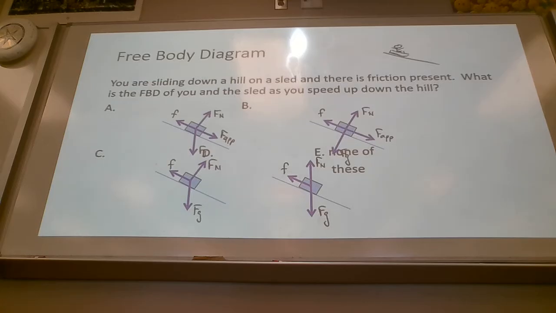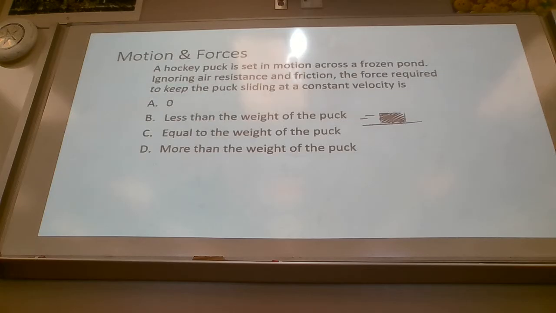Correct answer is C. Correct answer is A. Requires no additional force. That's just inertia doing what it's doing. Like, hey, buddy, let's keep doing.